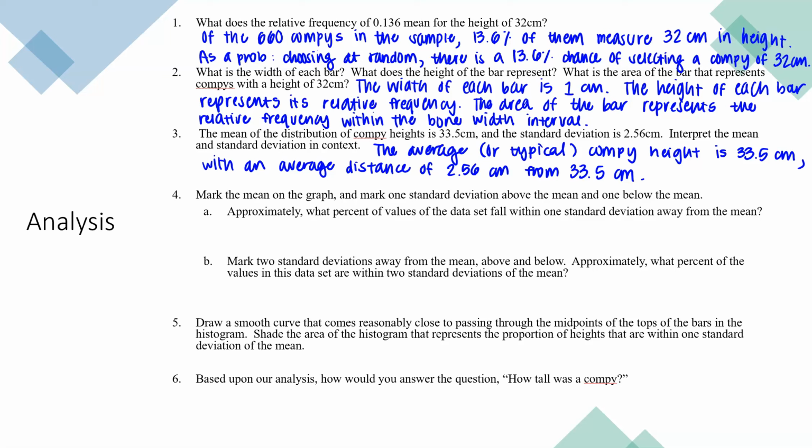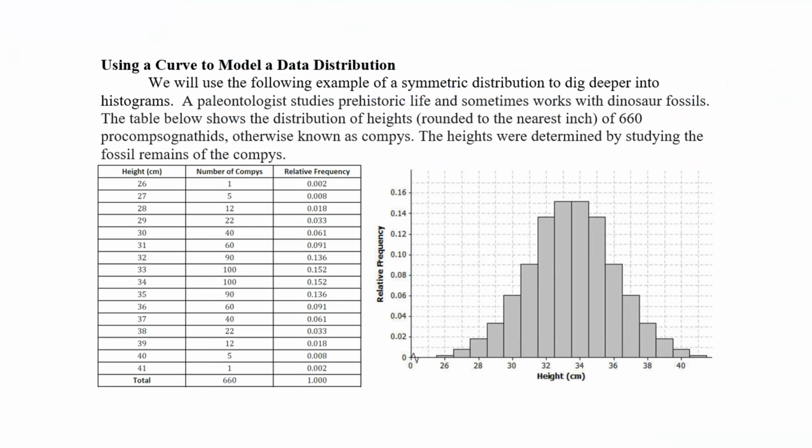4. Mark the mean on the graph and mark one standard deviation above the mean and one below the mean. To do that, let's go back to our graph. If this bar represents 32, this bar represents 34, then here would be 33, and I'm going to assume that right about there is 33.5. So labeling that, x bar is equal to 33.5.